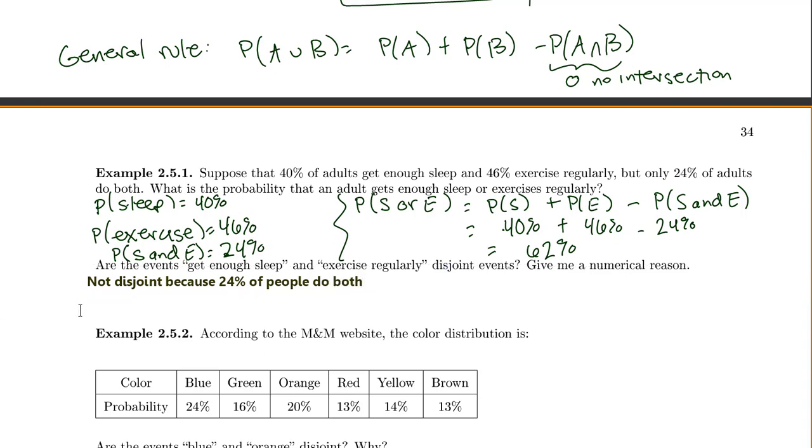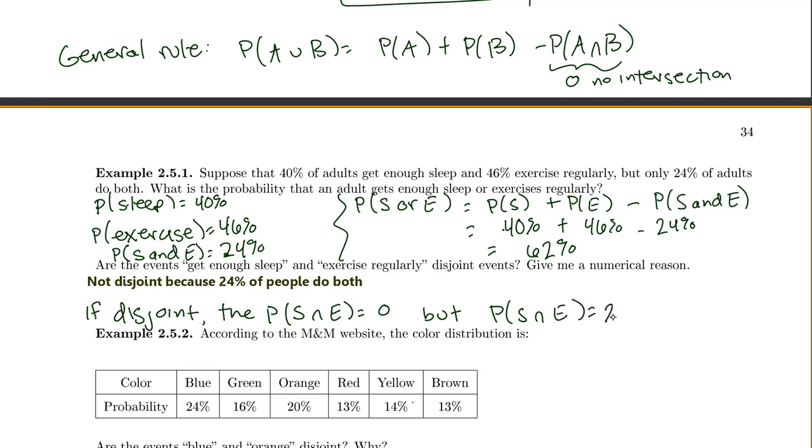Or if you wanted to think about it this way, you could say, well, if they were disjoint, then the probability of getting enough sleep and exercising would be 0. But we found the probability of getting enough sleep and exercising was 24%. So since it's not 0, this means not disjoint.